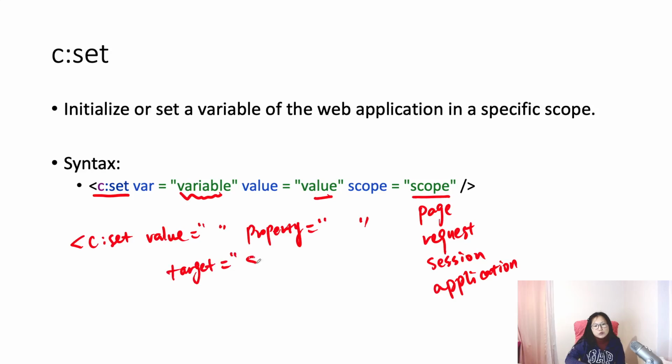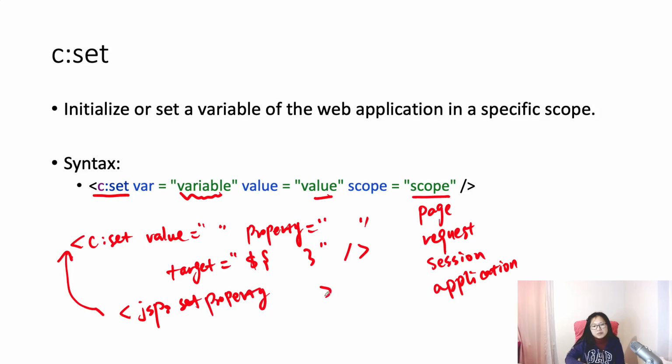Target can be retrieved using an EL expression, which refers to one attribute inside any scope. This tag is similar. Do you remember we learned set property? Very similar to this one. This is CSET being used, and we will show you an example later.